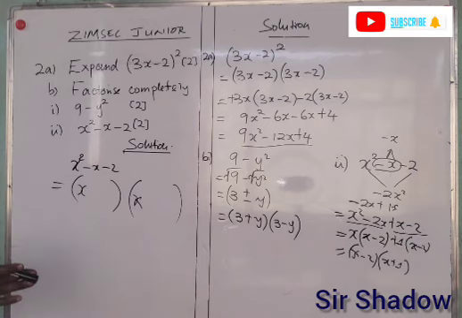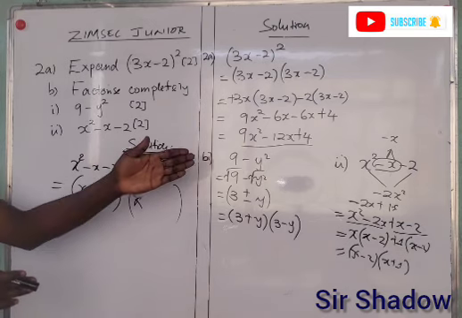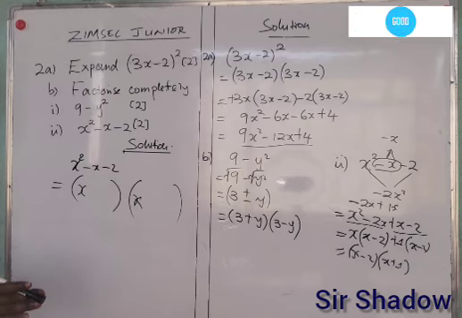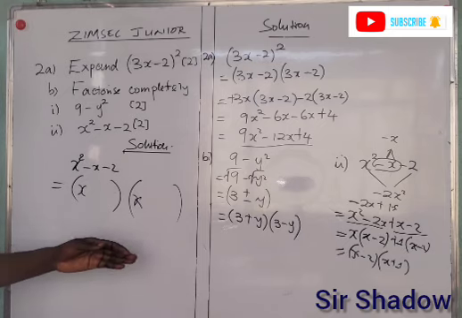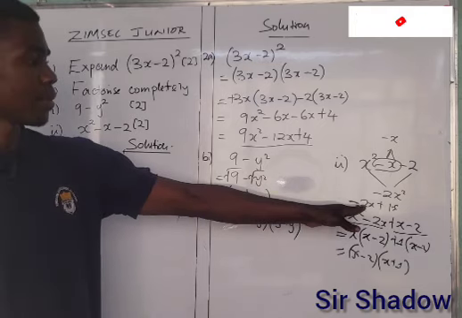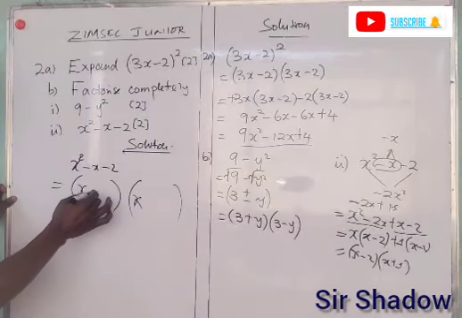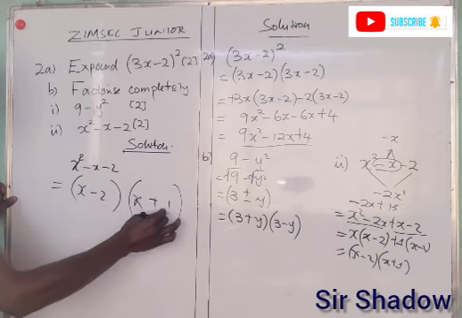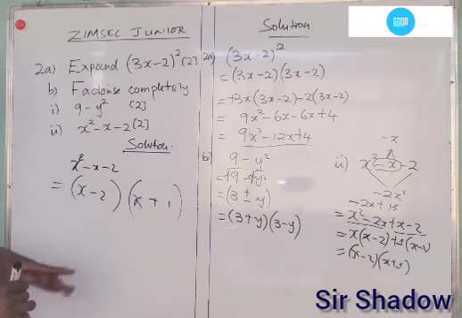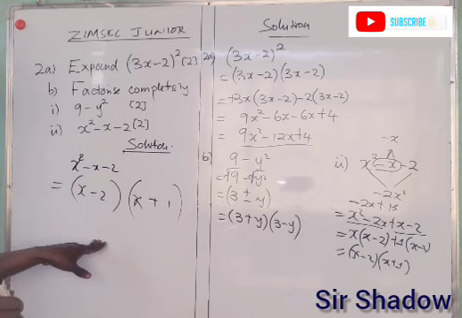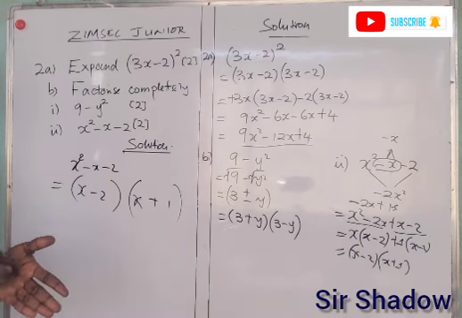So applying the second method, the coefficient of x squared is positive 1, which means your factors are also your solutions. These factors are minus 2 and plus 1. So we have to say minus 2, plus 1. If you notice, those solutions are equal just because the coefficient of x squared is positive 1.